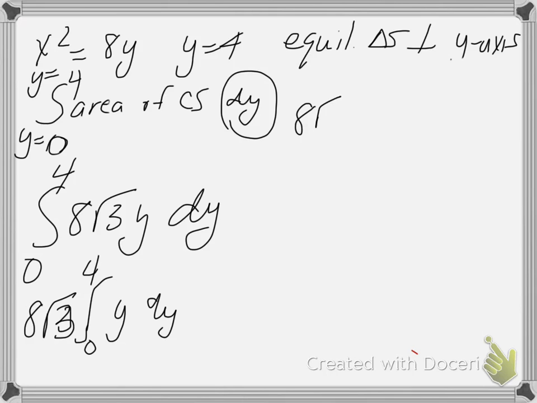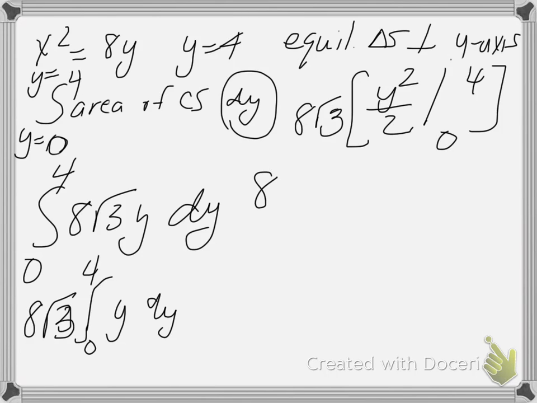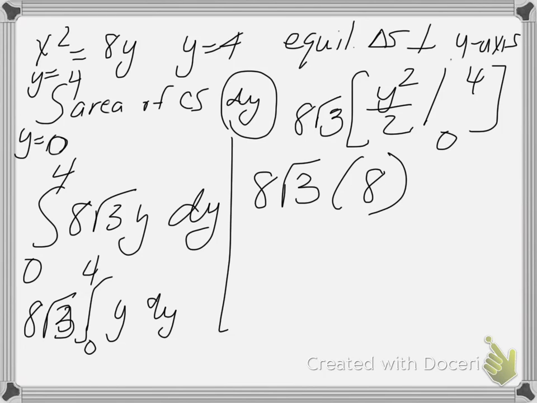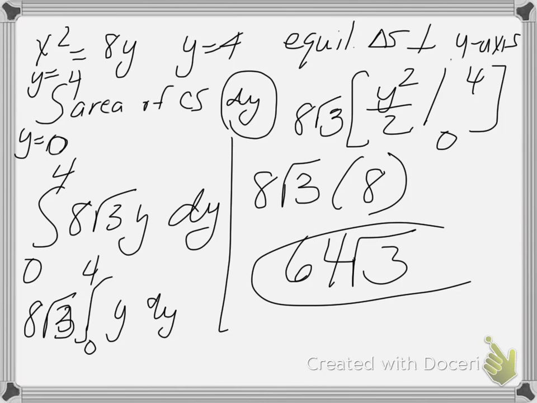Boy, I was blaming my stylus, but there must be something going on with my iPad. Okay, and now the antiderivative of y is just y squared over 2 as it goes from 0 to 4. So if I put 4 in there, I get 4 squared, which is 16. 16 over 2 is 8. And that gives me 64 radical 3, and that was the answer.